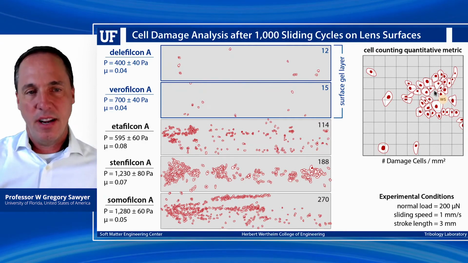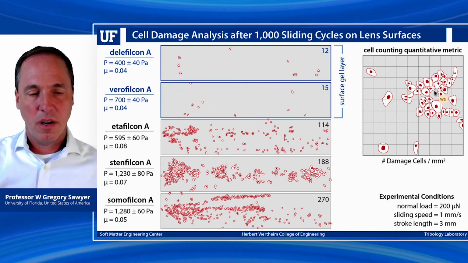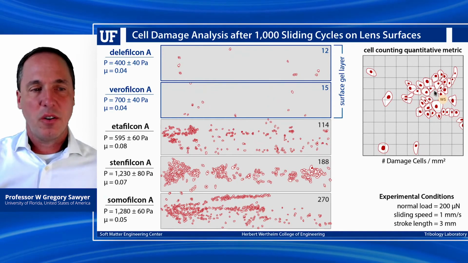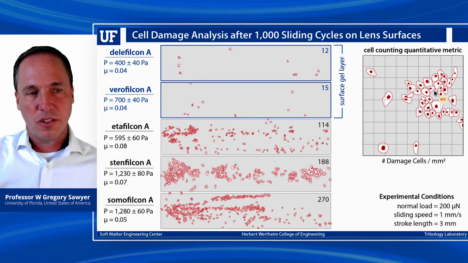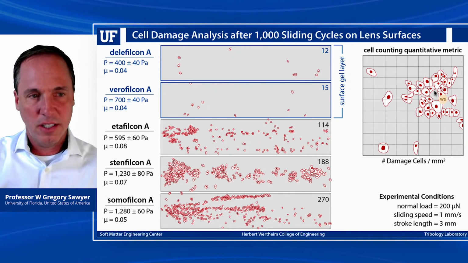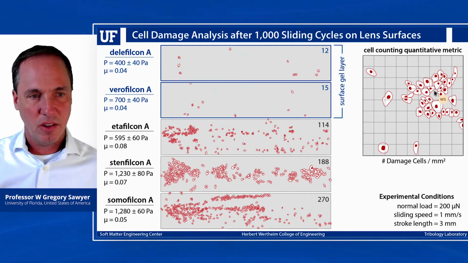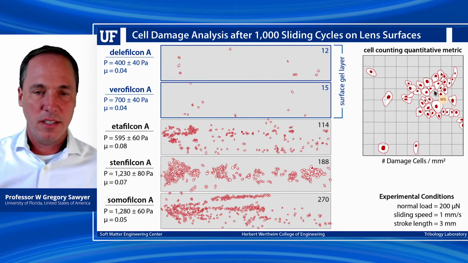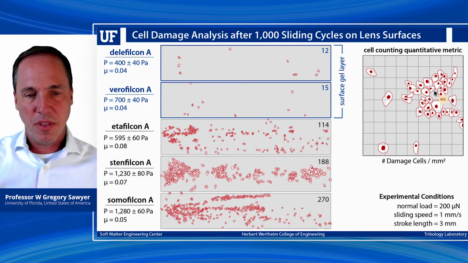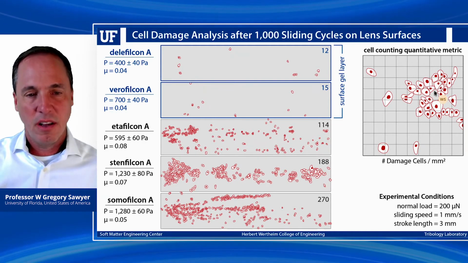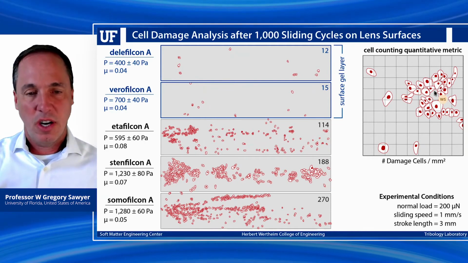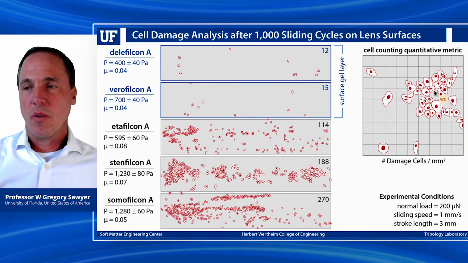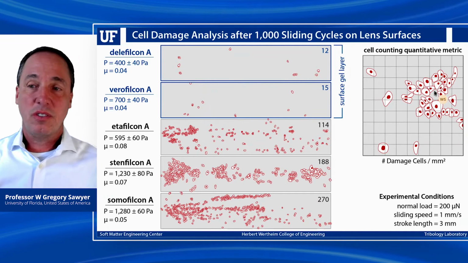We can understand that now coming from the polymer physics of how the lenses are prepared, as well as increased friction coefficients. So the surface gel layers have lower contact pressures because they've spread that contact out over larger areas, and they have lower friction coefficients because they're higher water content. And the combination of those two things is leading to a reduction in cell stress and cell damage, as indicated here by the red.